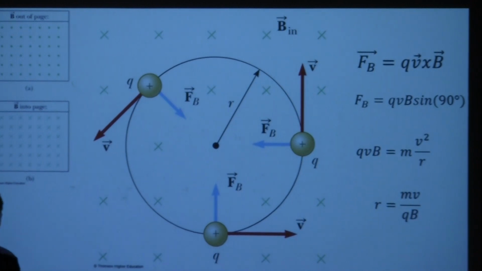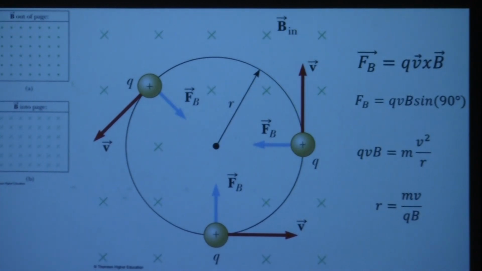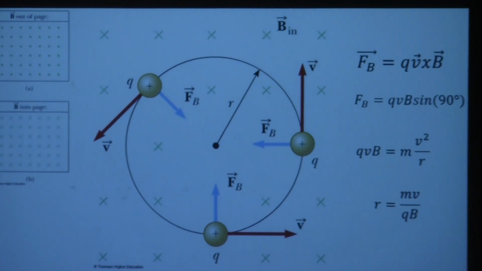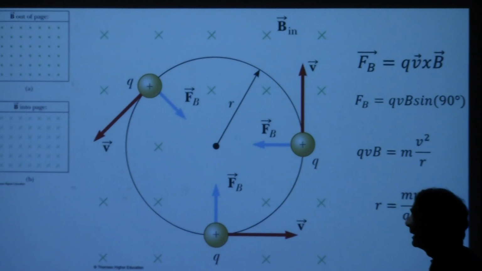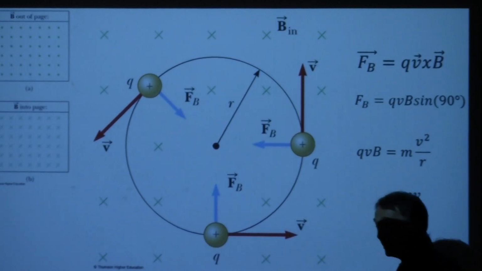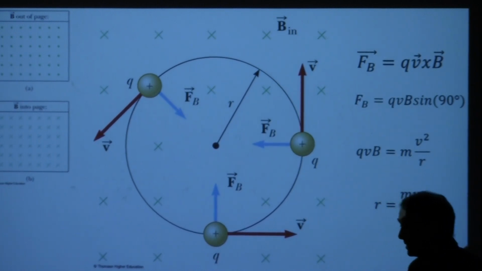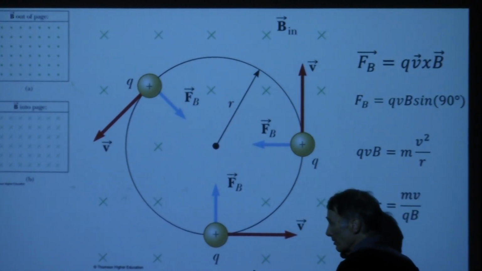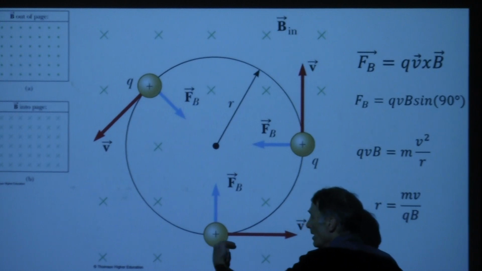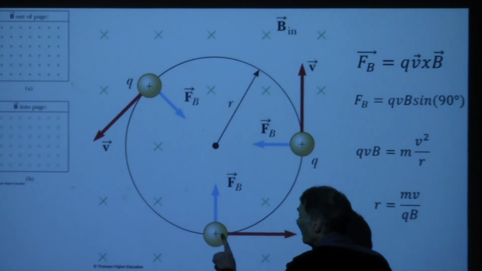Now, one thing that's important to realize is that a static magnetic field can't do any work. All it can do is deflect the charged particle. It's never going to change its speed. It will possibly change its direction, so its kinetic energy doesn't change. So the velocity is this way, but the force is that way.